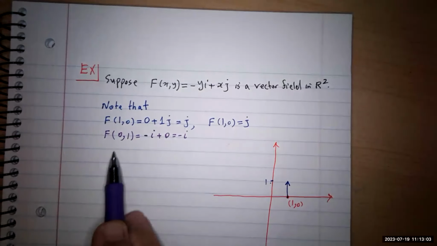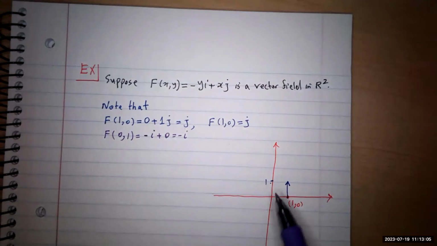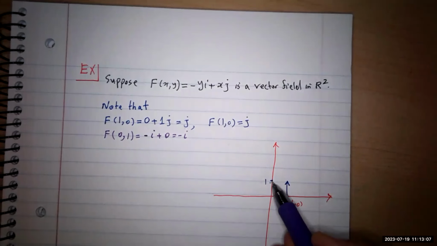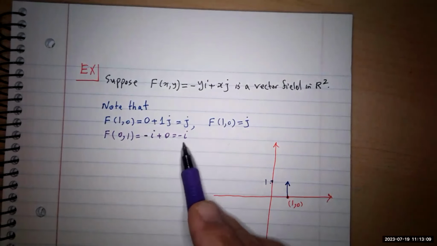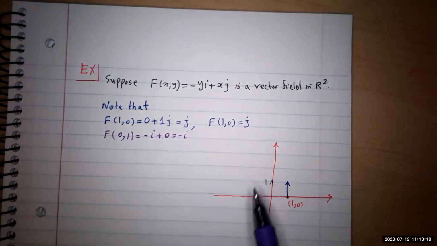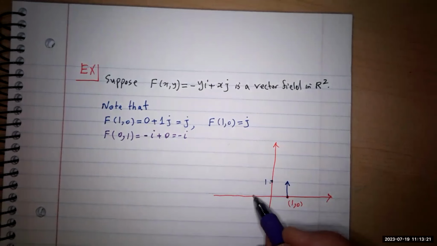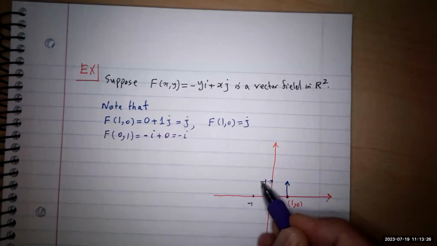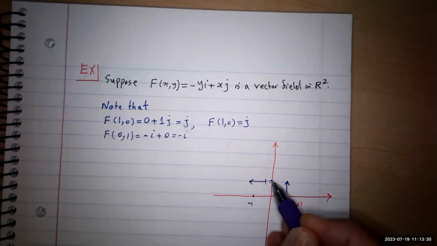So this means at the point 0, 1, your direction is going to be opposite of the i direction. You know that this is the i. You have the negative i, so we get another direction. So if this is going to be a kind of 1 again, or the negative 1, you go in this direction, starting at this point.